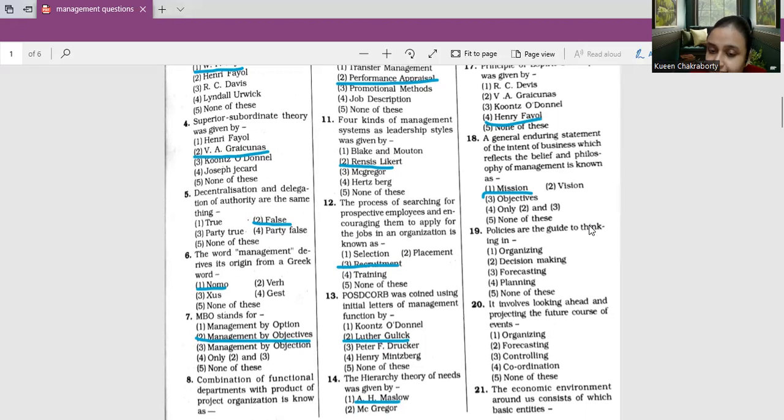The degree of discretion permitted will definitely vary from policy to policy. Some policies are quite broad and allow much latitude, whereas other policies are narrowly constructed and leave little room for judgment. To illustrate, a policy of selecting the best qualified candidate for a managerial position permits more discretion than a policy of promoting the best qualified candidate from within the organization.